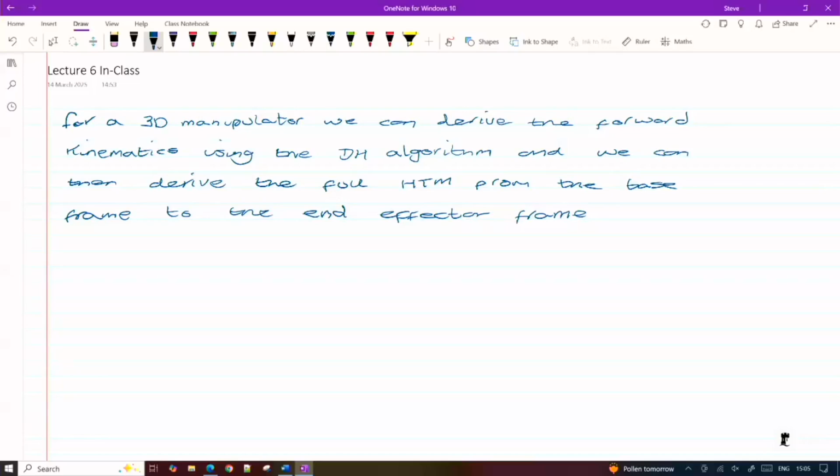But the DH algorithm allows us to construct the homogeneous transformation equation that places a point within this frame, so the end effector, with respect to our fixed base coordinate system. So everything is always in reference to this fixed base coordinate system. And as our end effector moves around, our homogeneous transformation matrix will allow us to locate that point at the end effector within our fixed base frame.